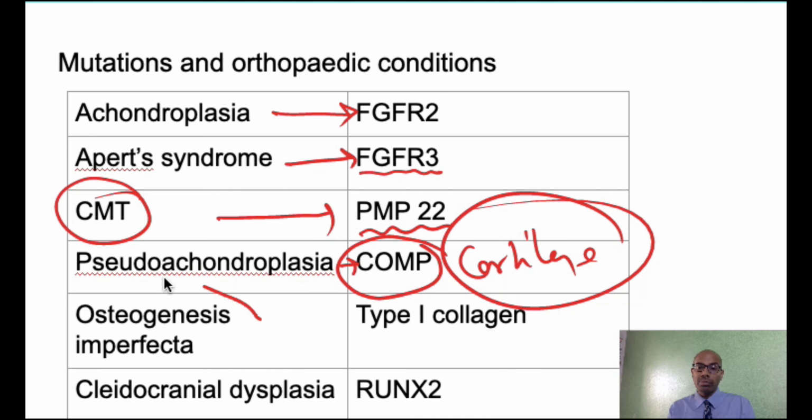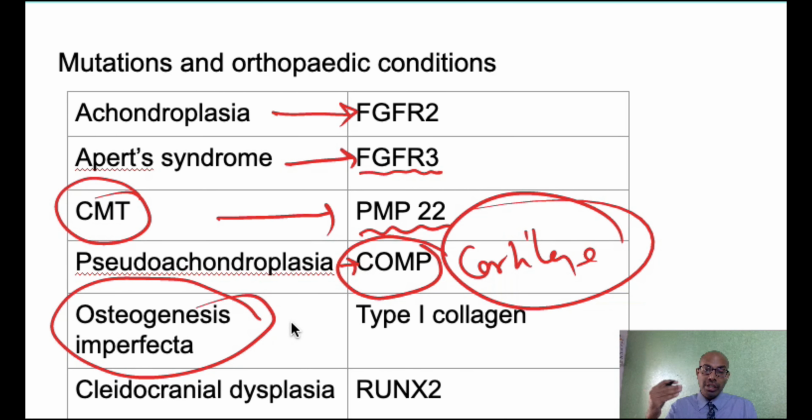Then you know quite a bit about osteogenesis imperfecta. It is inherited in various forms, autosomal dominant, autosomal recessive, X-linked recessive. So it has various inheritance patterns, and the most common mutation is in the formation of type 1 collagen. Then we all know about cleidocranial dysplasia.